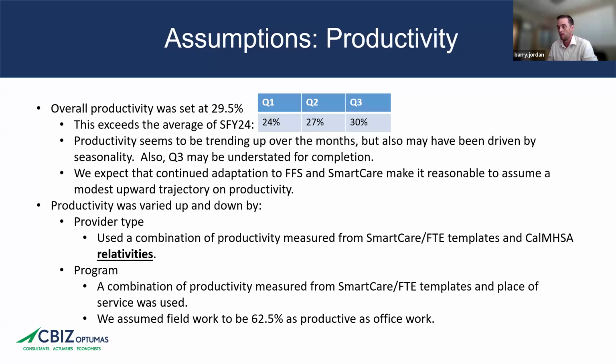So we assume that field work would be about 62.5% as productive as office work, and this is a mechanism to recognize the differences in productivity between field versus office work.